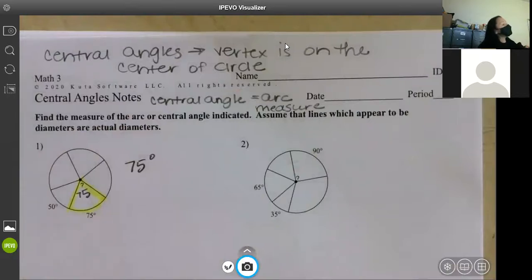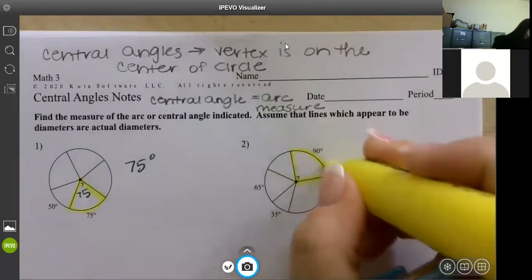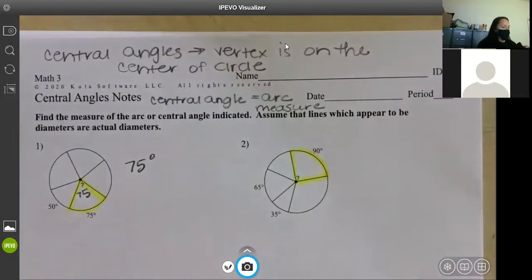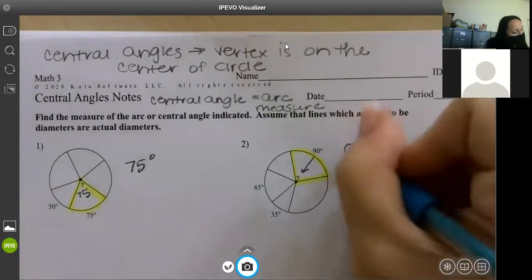All right, so these are really easy because they give you the arc that goes along with it. The only way it gets any harder is they don't give you the arc, but they give you a way to be able to find it. So don't stress too much, it's not too bad. If we look at number 2, we're looking at this angle. So we want the arc, or the pie crust, on the outside. They are the same.